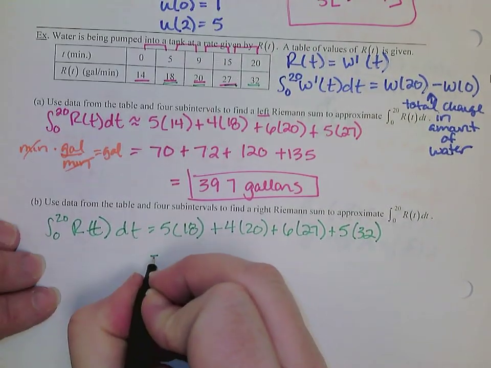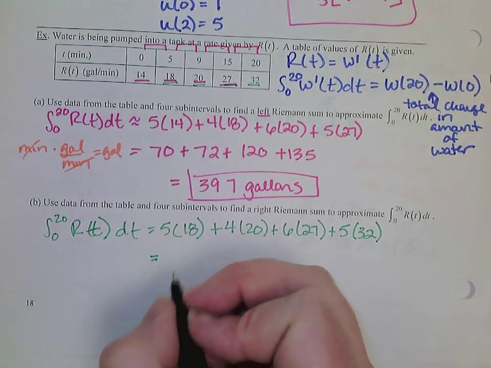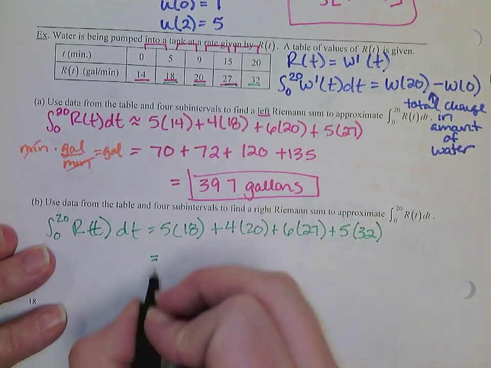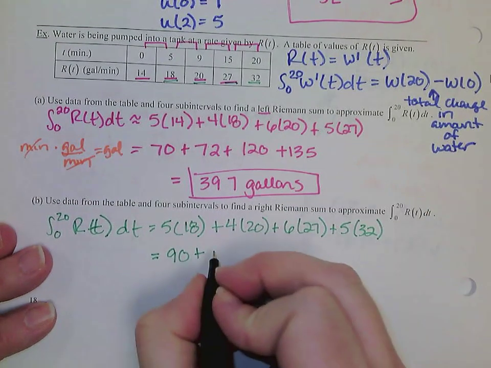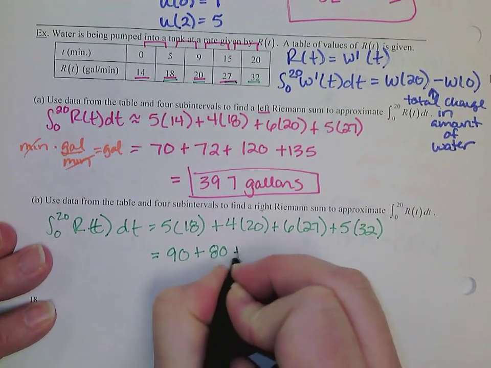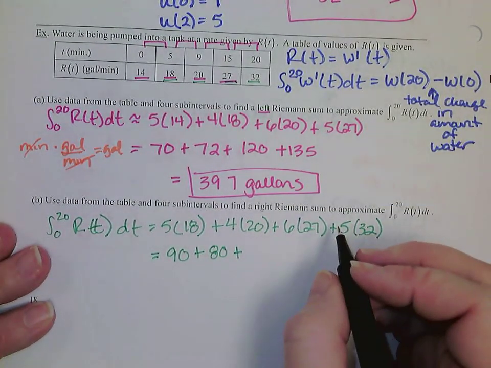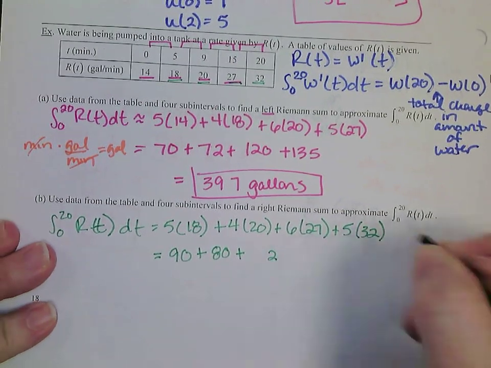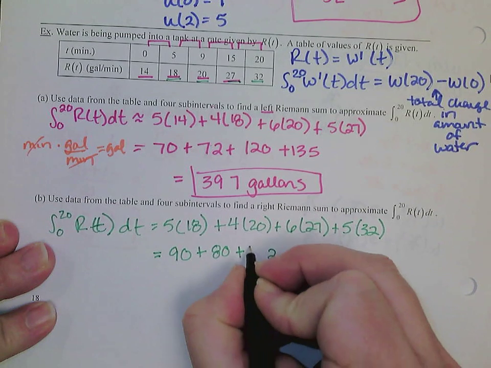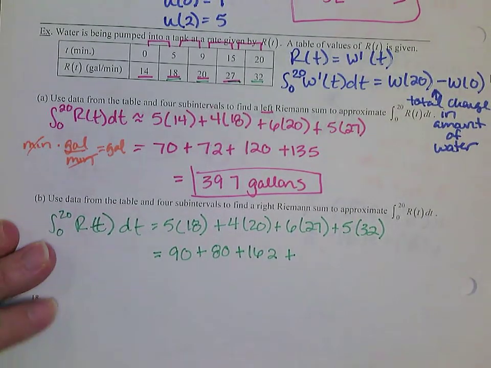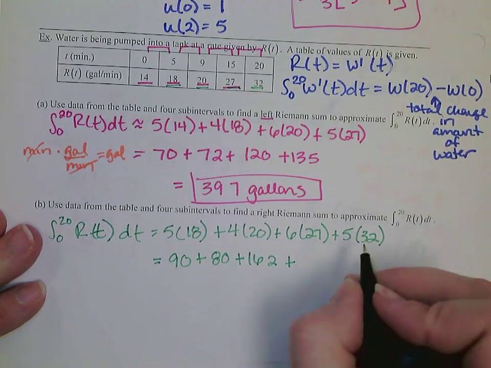So we have 5 times 18, which is 90, plus 4 times 20 would be 80. Plus 6 times 27, let's see, 2, carry the 4, 162. And then we have 5 times 32, 160.